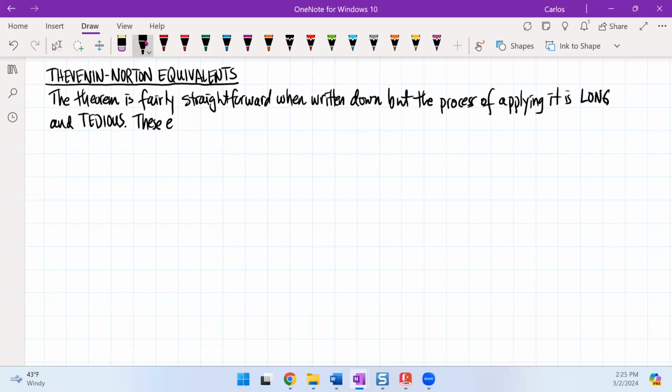These equivalents ideas are a conceptual leap in viewing everyday circuits.